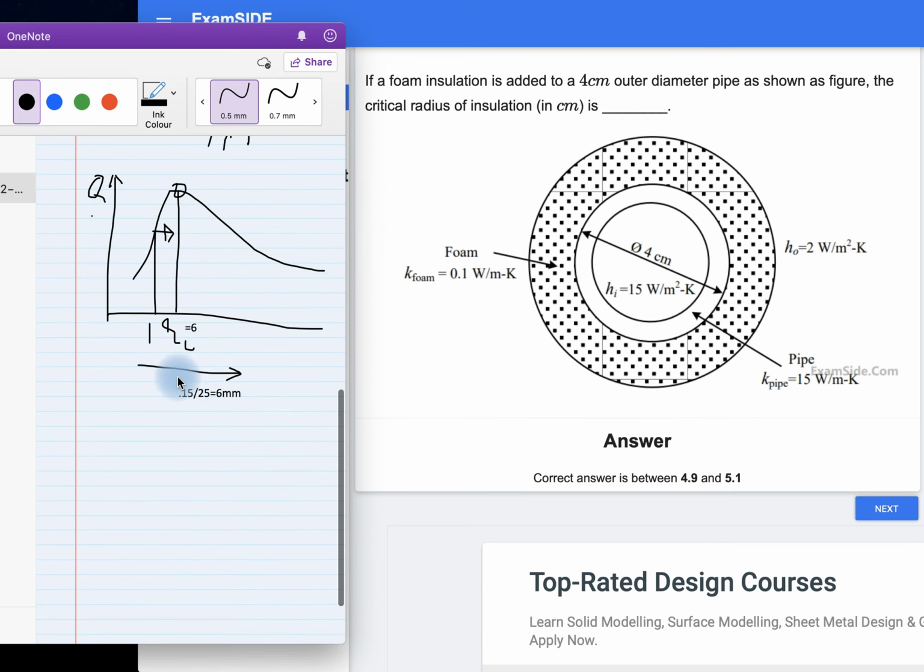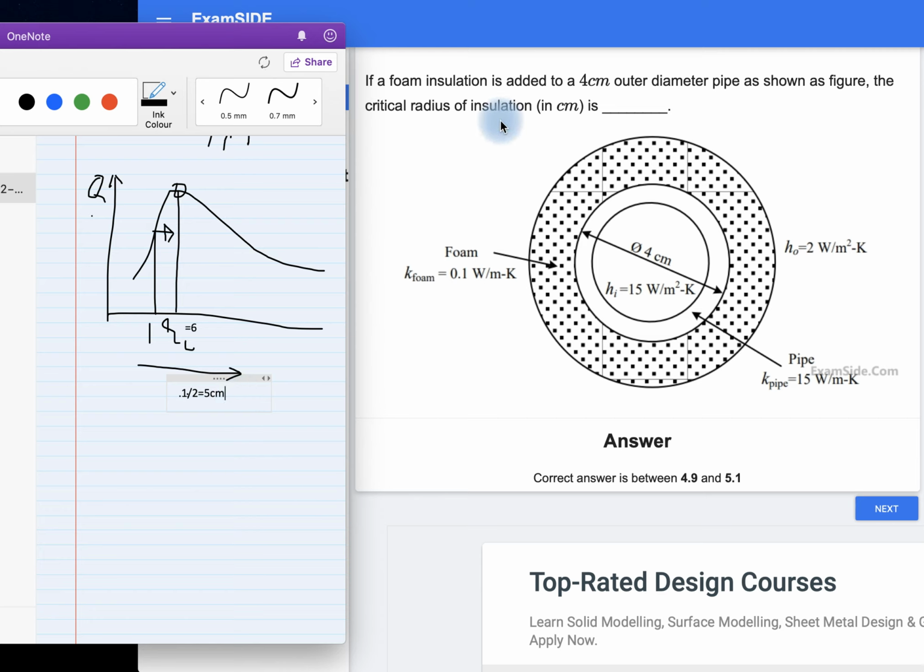So if I put in 0.1 divided by 0.2, that is 0.05, or 5 centimeter.